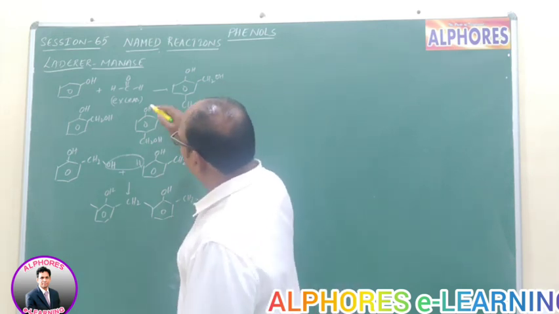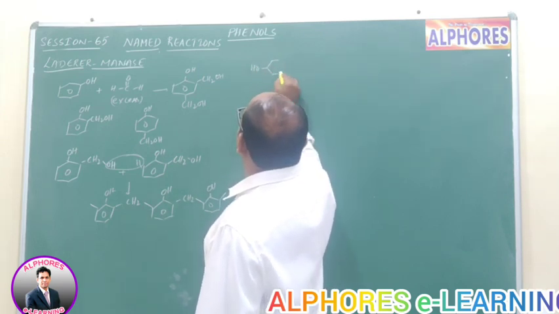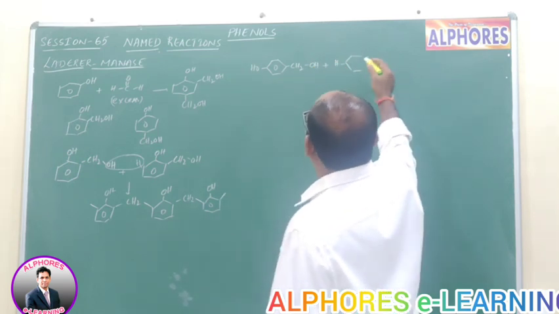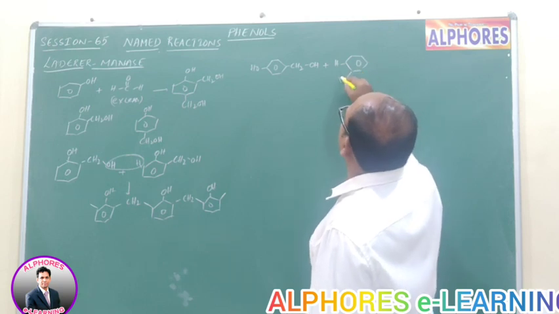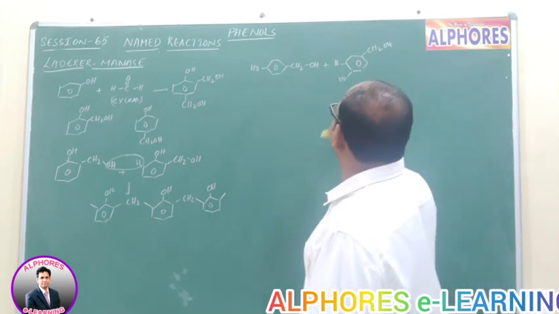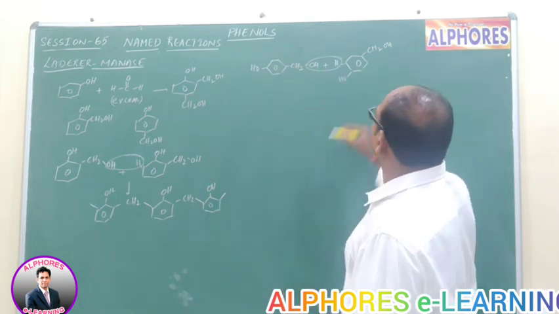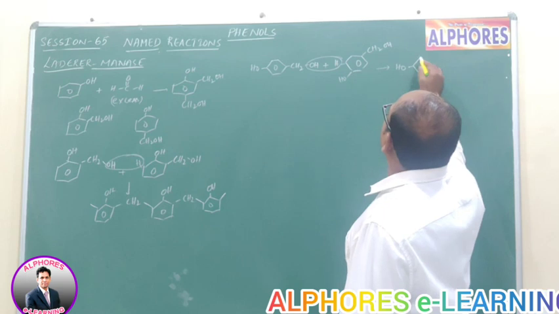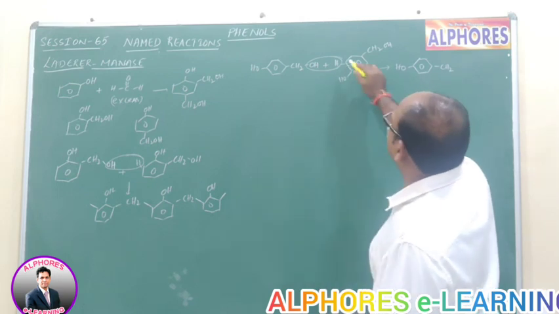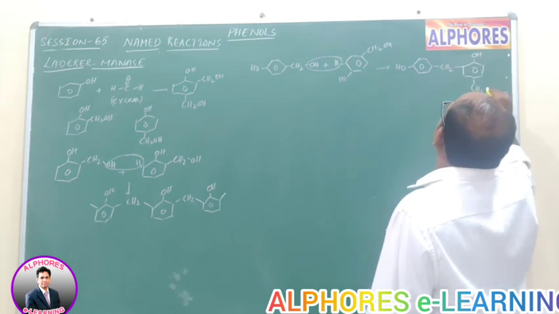And now, if para-hydroxybenzyl alcohol is involved, a ring containing OH and CH2OH, this upon reaction with another OH and CH2OH. See here, this one is para and this one is para. If condensation takes place here, with removal of a water molecule, then we get a product like this, CH2, and this CH2 attached to the ortho position here, OH, CH2OH.